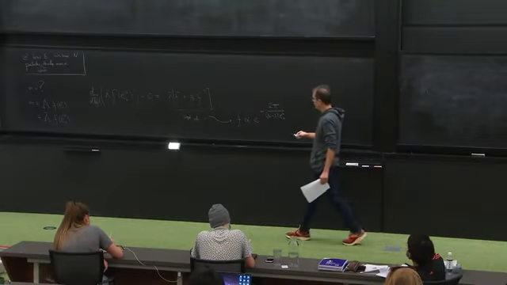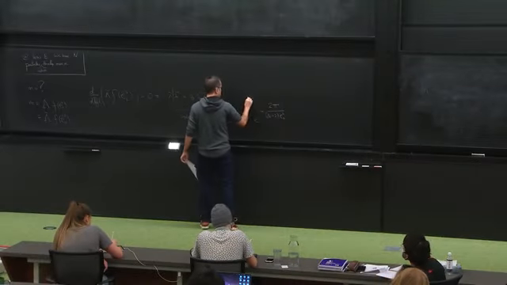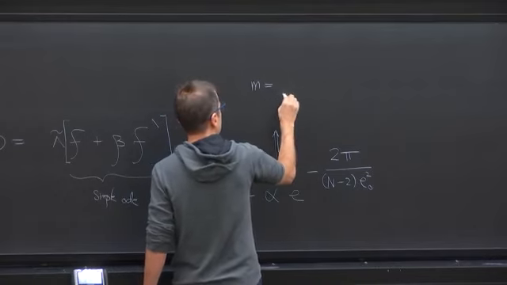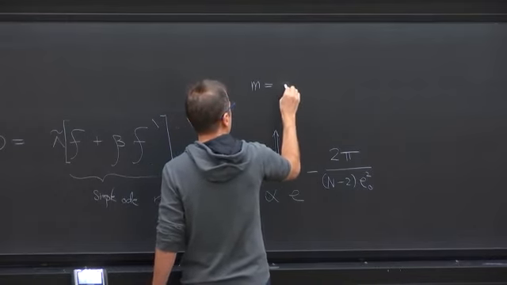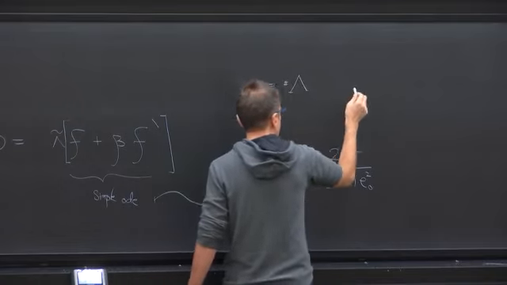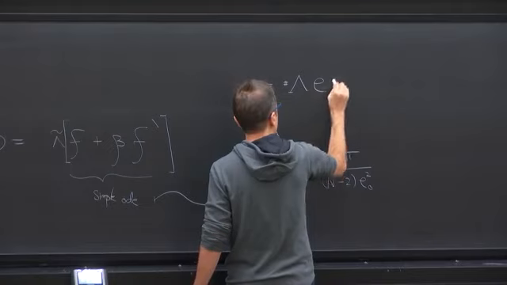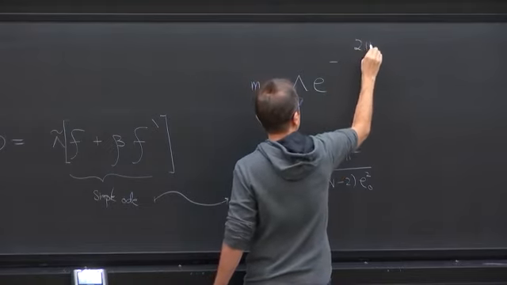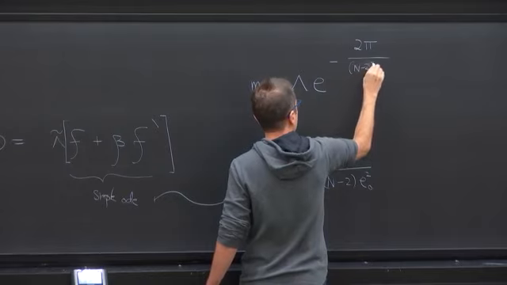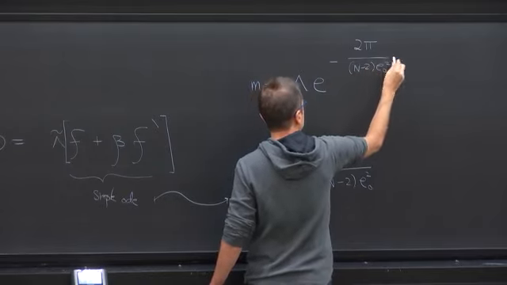Therefore, if such a mass exists, you conclude that the mass should be approximately some number times the cutoff times e to the minus 2 pi over n minus 2 E0 squared.